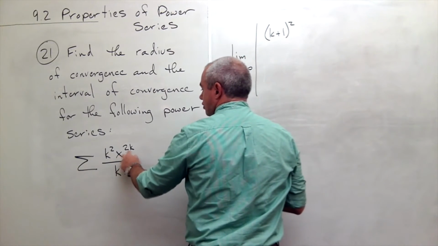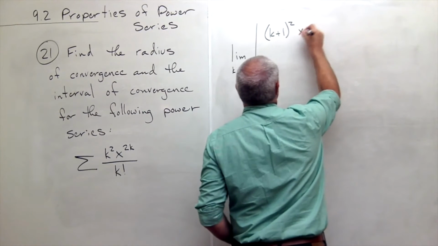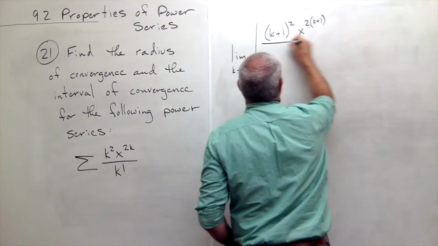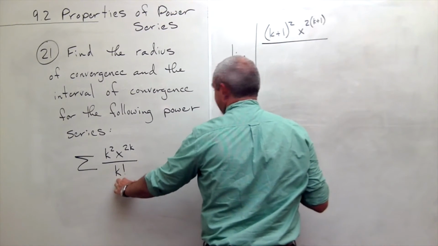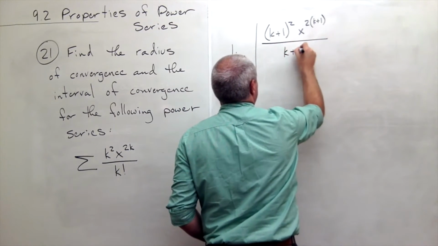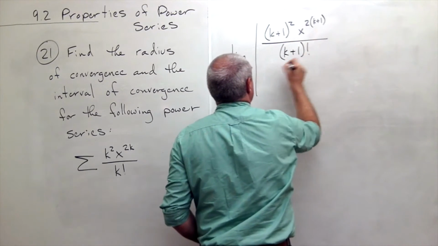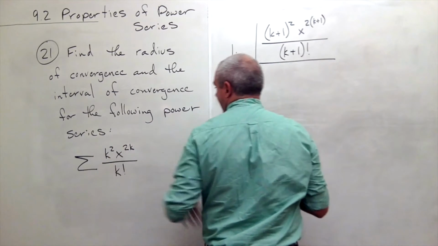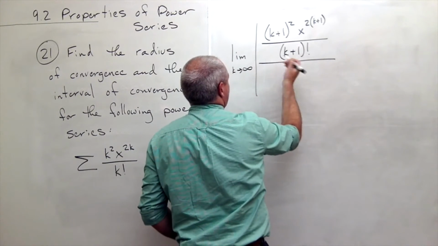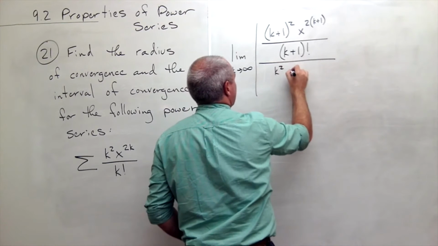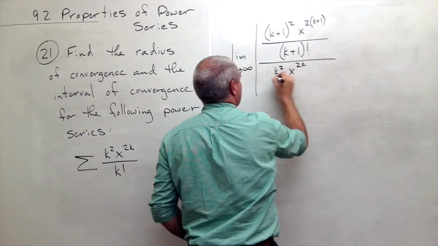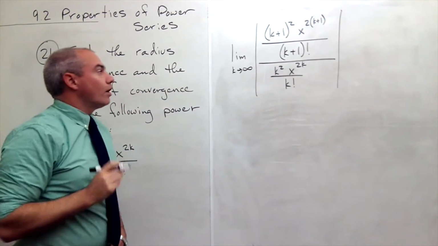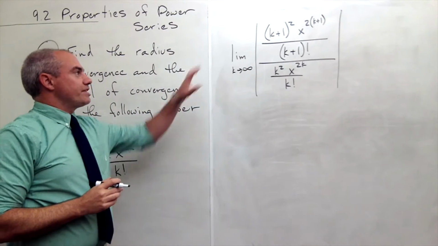I have x to the 2k, so that will be x to the 2 times k plus 1, divided by k factorial over here. So over here I'll have a k plus 1 factorial, divided by, and then I put in this guy with k's instead of k plus 1s this time. So k squared times x to the 2k divided by k factorial. All right, so this is how we start.